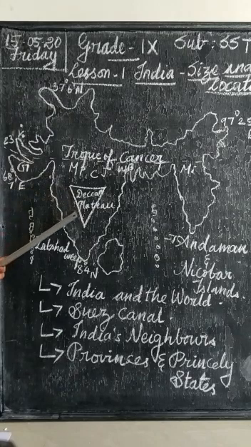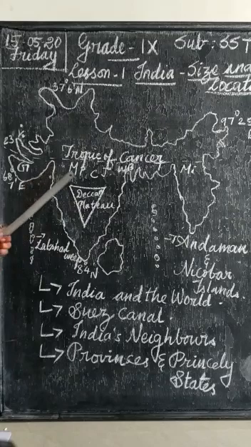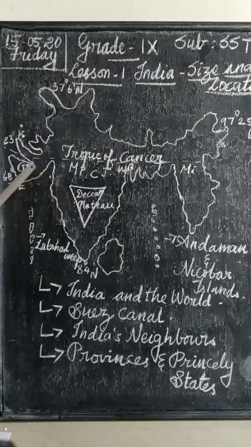See, the Deccan Plateau protrudes into the Indian Ocean, helping India to establish close contact with West Asia, Africa and Europe from the western coast and with Southeast and East Asia from the eastern coast.